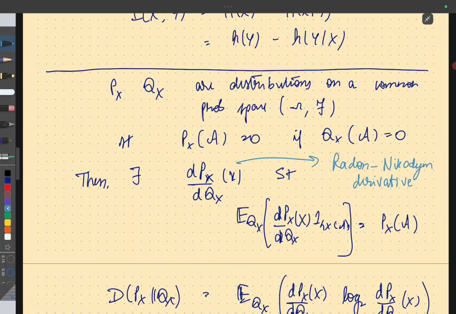Now we'll continue along that theme and try to design good compression algorithms, variable length, zero error compression algorithms, and we'll see some of the flaws that are present in the optimal compressor and try to see how to make up for those flaws.